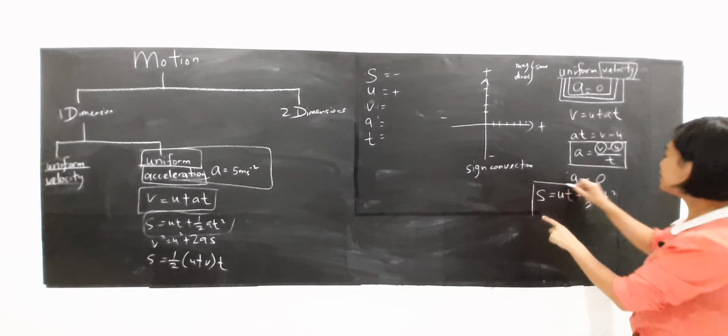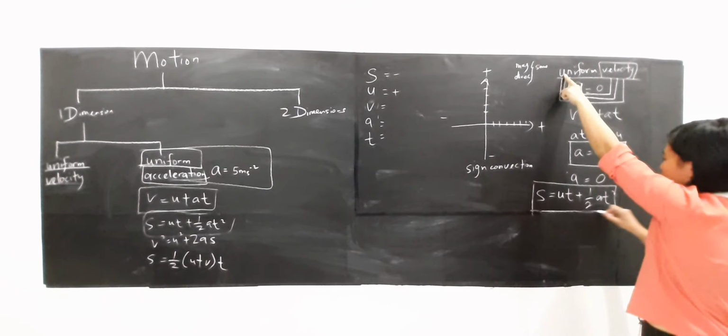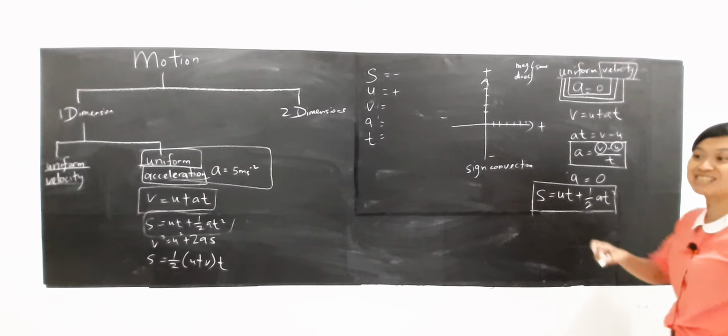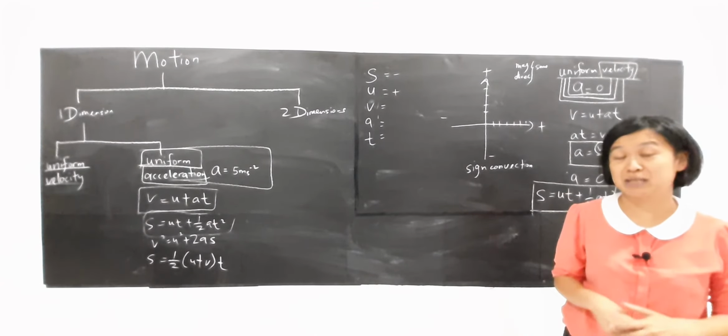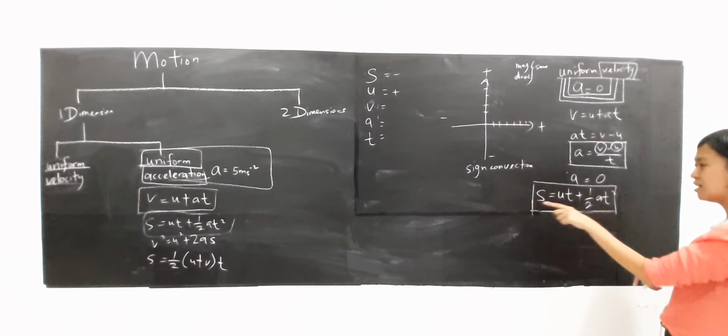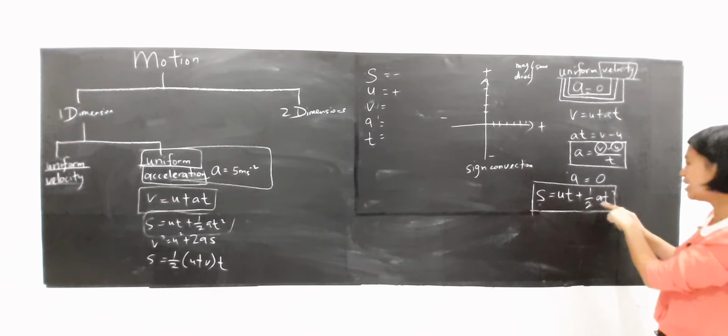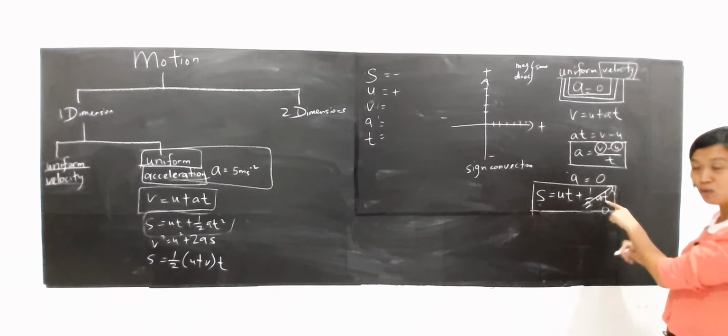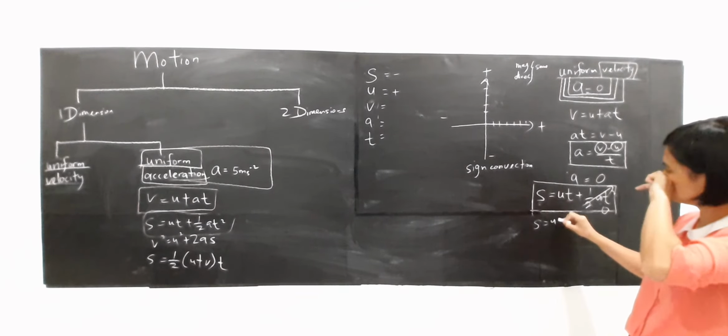For the case of uniform velocity, remember, we also use those big 4 equations, but you should remember a is always 0. So you see, where is the term a here? Here. If a is zero, what do we get? You always get this.